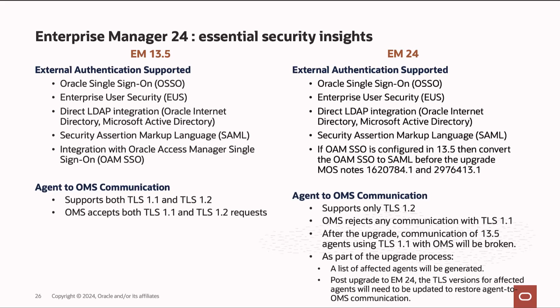To prepare for this, first upgrade your agents to TLS 1.2 before upgrading Enterprise Manager 13.5 to Enterprise Manager 24. After upgrading to EM24, communication between agents and OMS will remain smooth, as both OMS and agents will be on TLS 1.2.